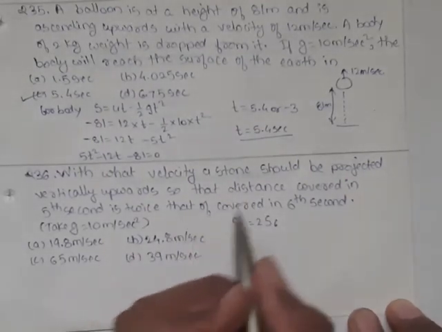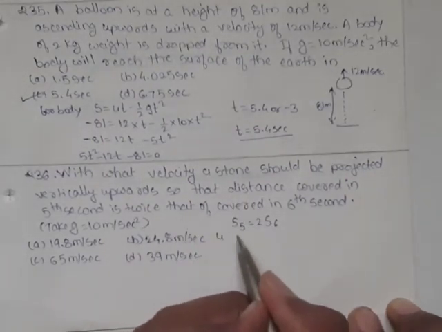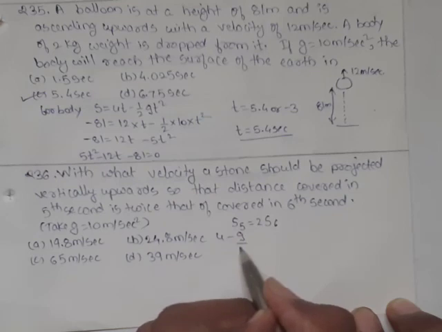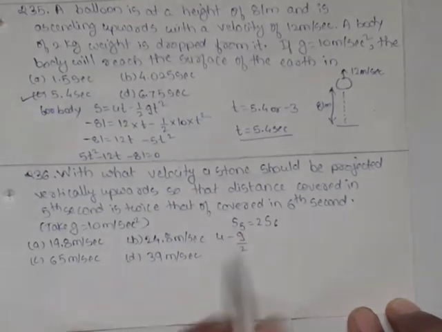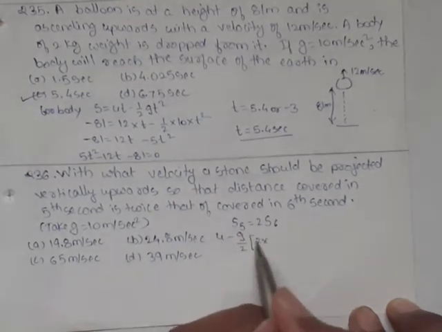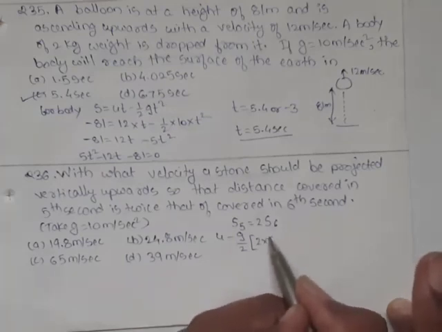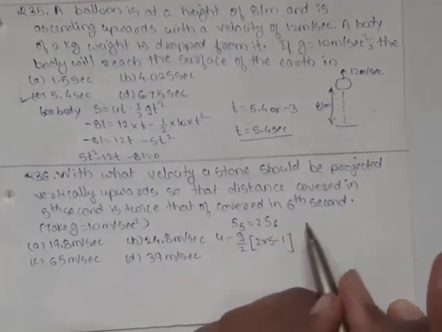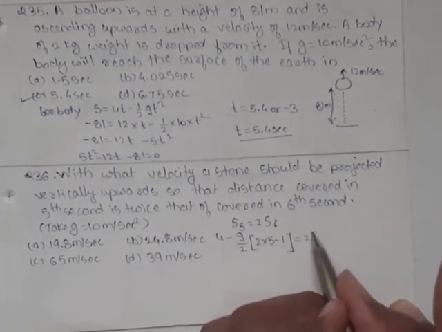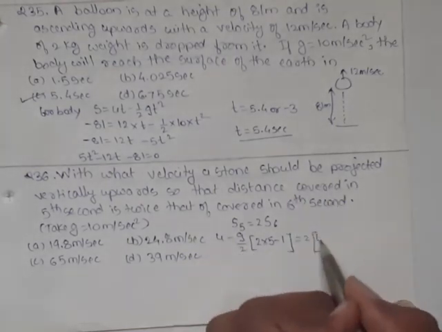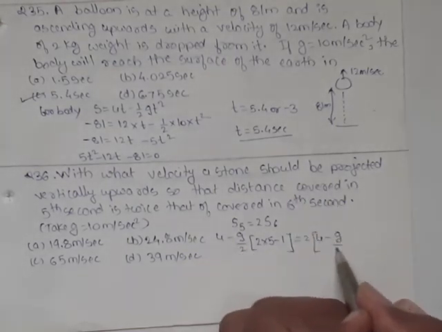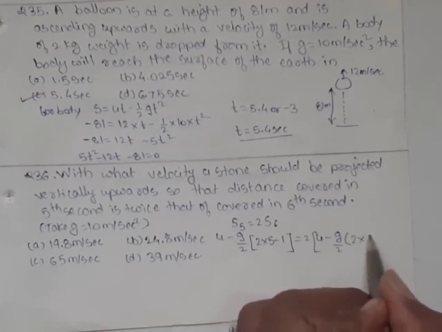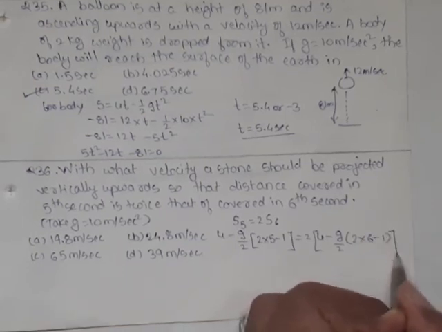Displacement in the 5th second can be written as u minus g by 2, taking acceleration as minus g, into 2 into 5 minus 1, equal to 2 into u minus g by 2 in bracket 2 into 6 minus 1, bracket complete.